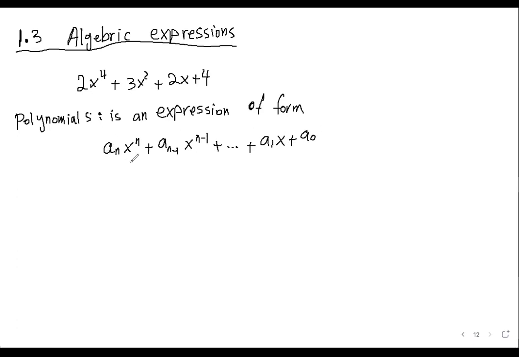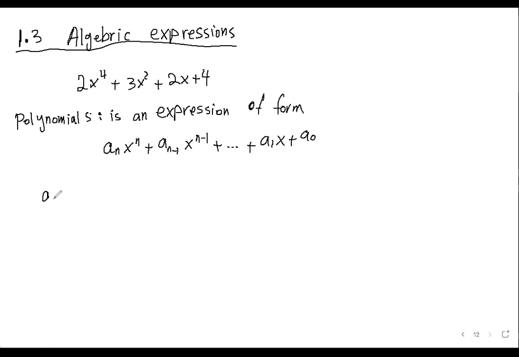All these coefficients, a_n, a_(n-1), a_1, a_0, are real numbers. And n is a non-negative integer. I mean non-negative integer: 0 and all the positive integers.